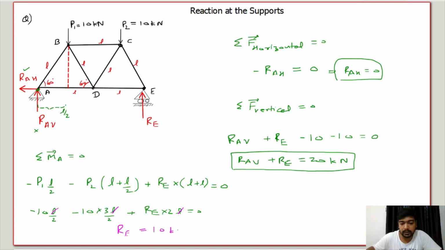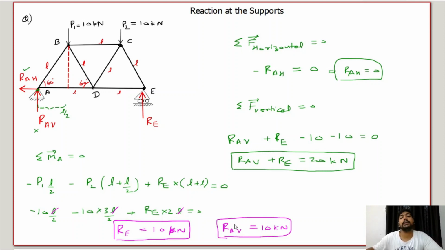That means 10 kilonewton, right? So from here we got this RE equals to 10 kilonewton, and we will put this in this equation, and we will find that RAV is 10 kilonewton.